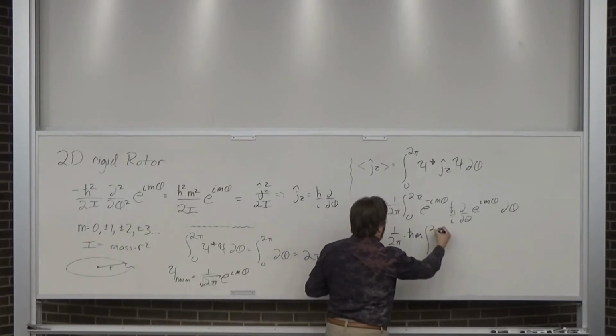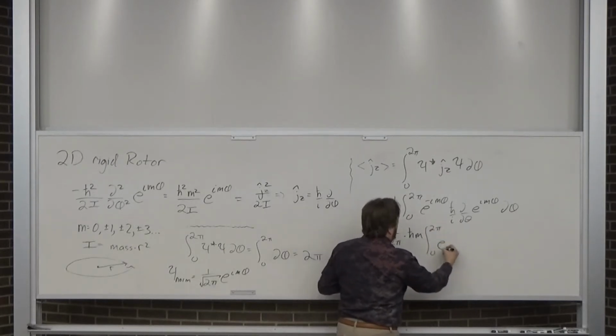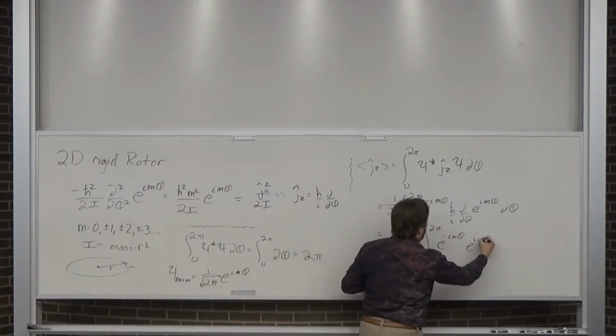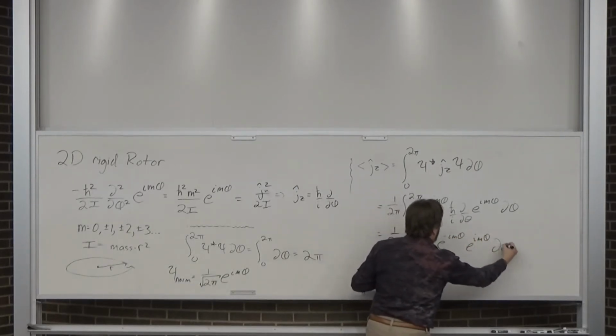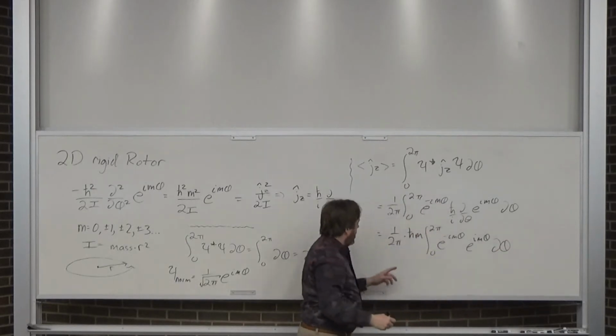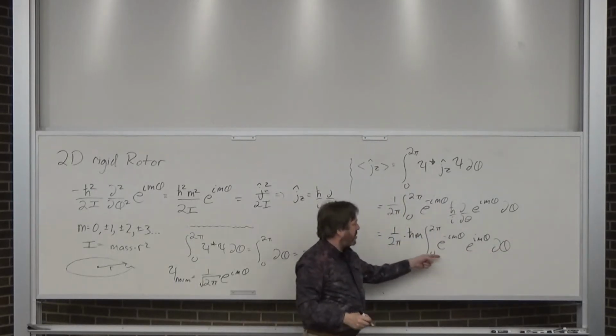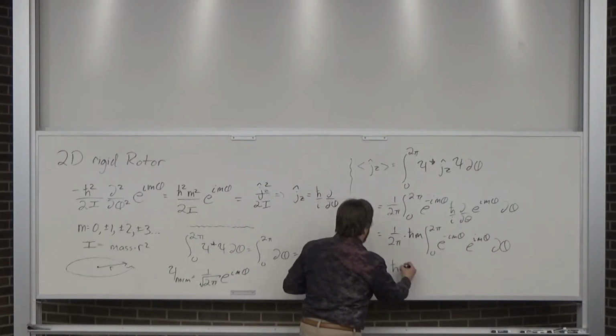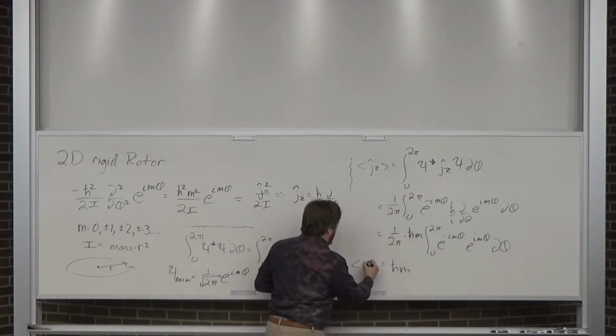Integral 0 to 2 pi, e to the minus im phi, e to the im phi. There we go. Now I recognize this as 2 pi because I just did it, and therefore the expectation value of Jz is h bar m.